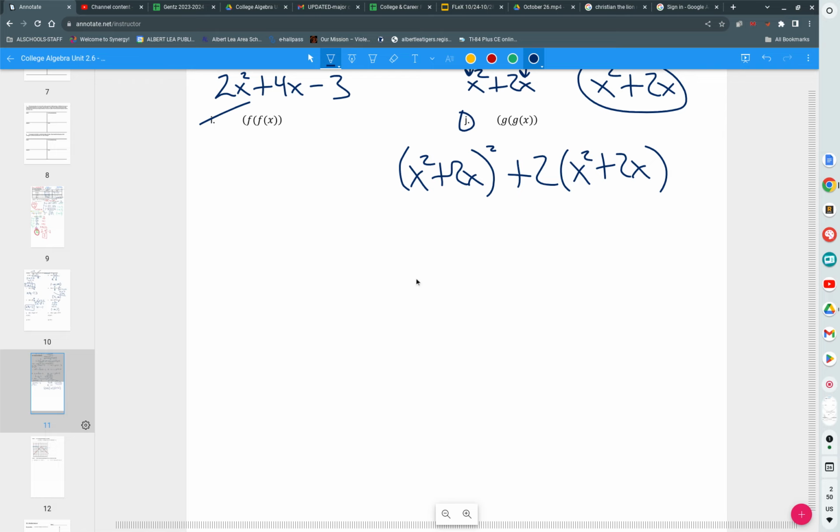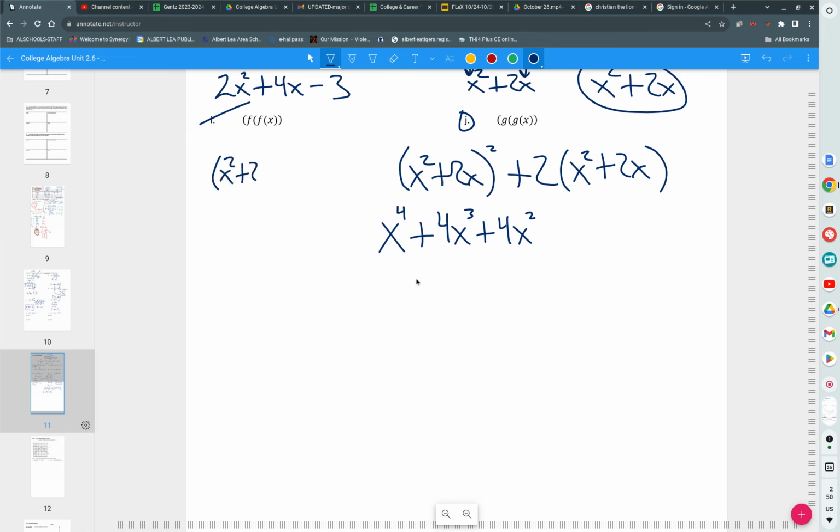What do you get if you take x squared plus 2x and multiply it by itself? x to the 4th plus 4x cubed plus 4x squared.